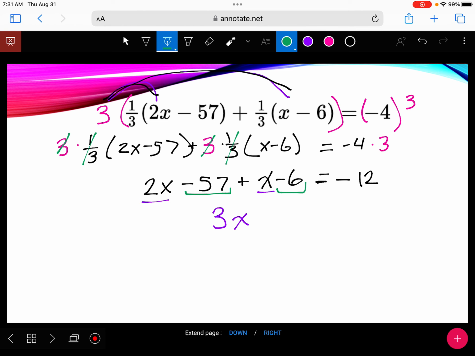Negative 63 equals negative 12. Oh, no, negative 51. No. Negative 63. Love it. I made a mistake on mine. Sweet. Good to go.